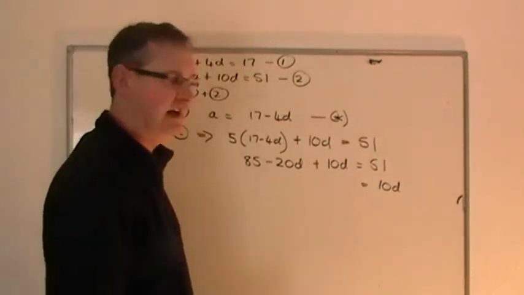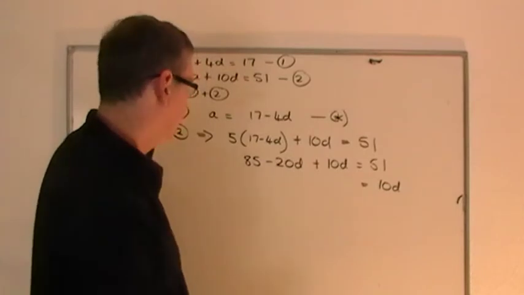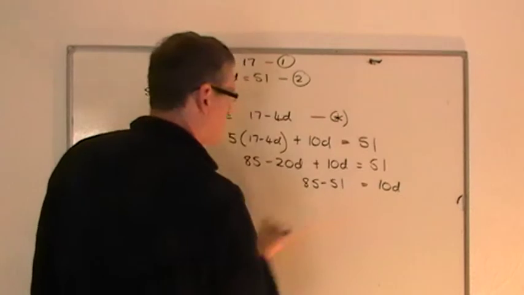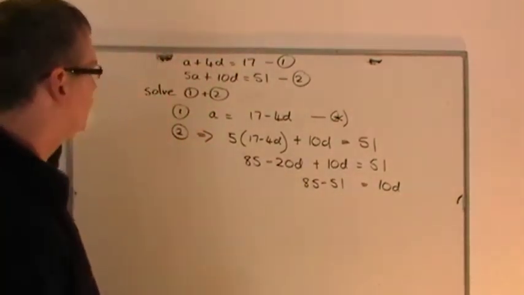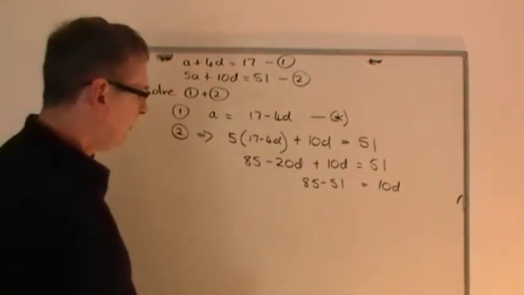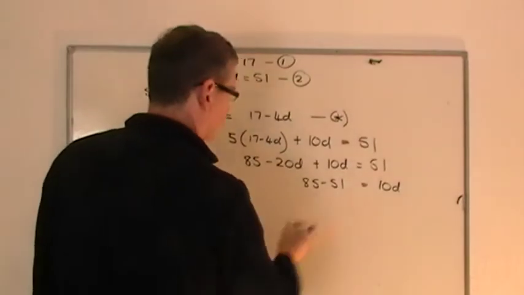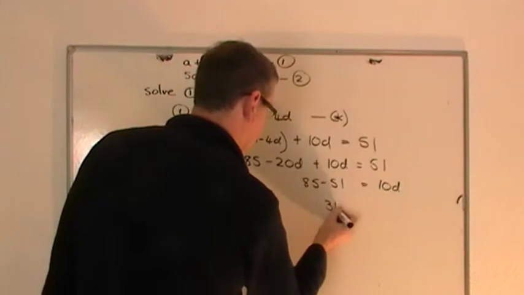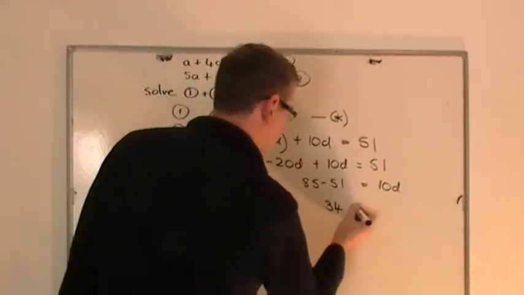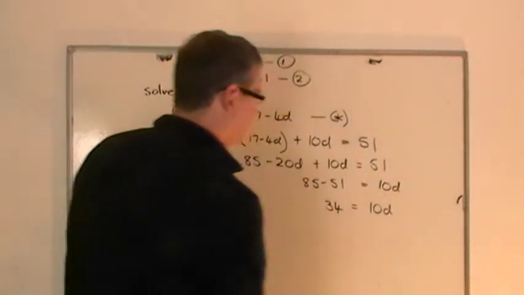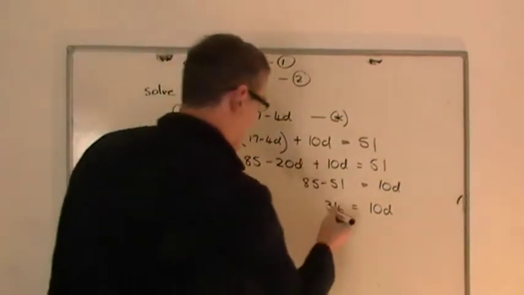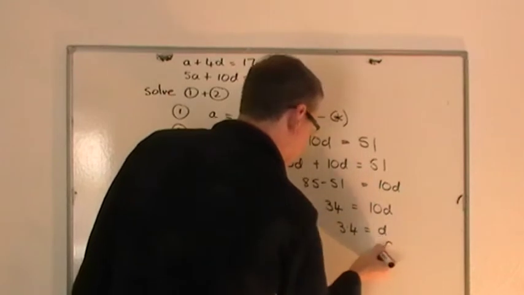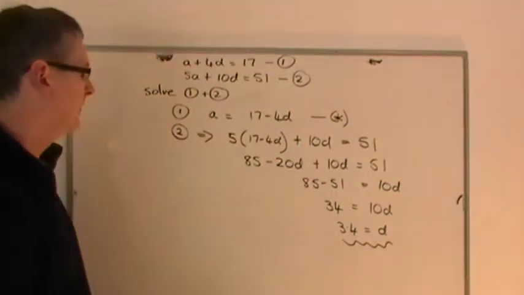So 85 subtract 51 is equal to 10d's. 85 take away 51, you're going to end up with 34 on the left equals 10d's on the right. So 34 equals 10d, so share by 10, d turns out to be 3.4.